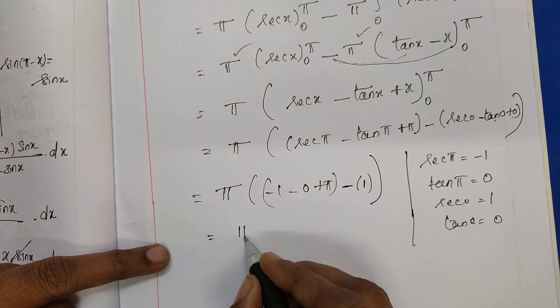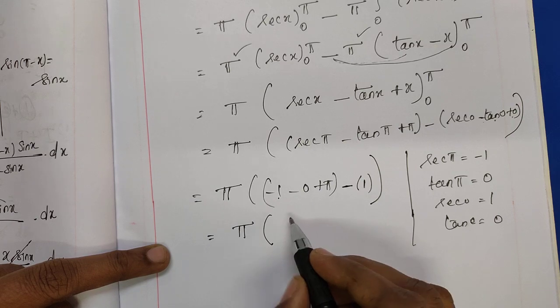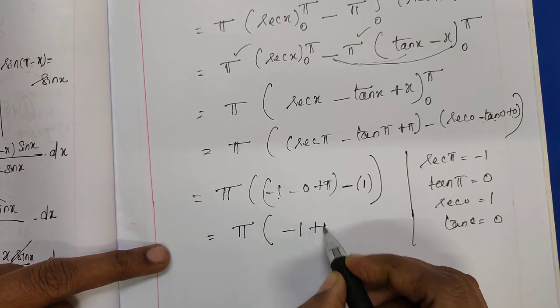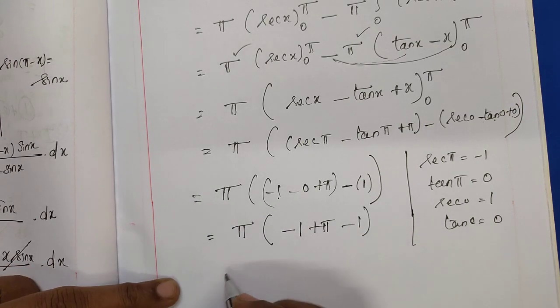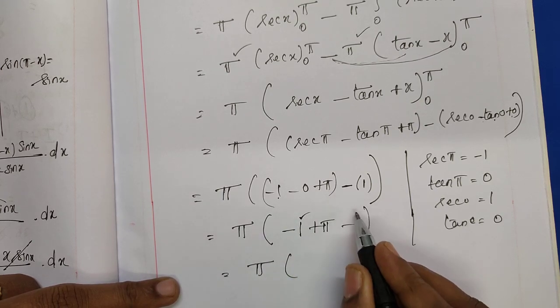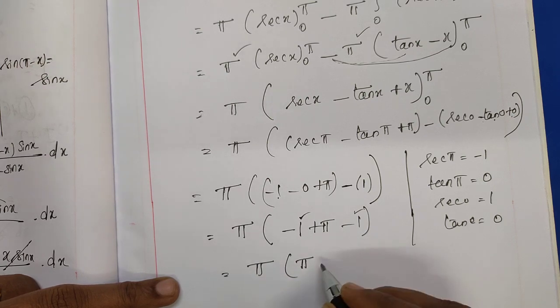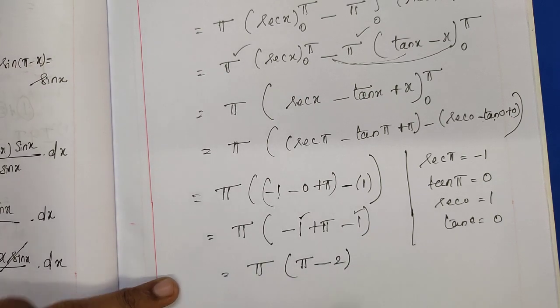So that is equal to pi times minus 1 plus pi minus 1. Minus 1 minus 1 is minus 2, and with the pi, that is pi minus 2.